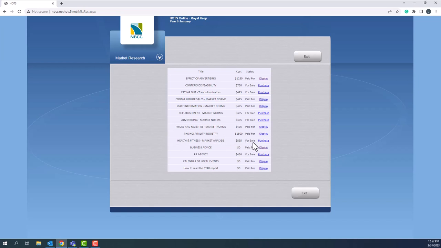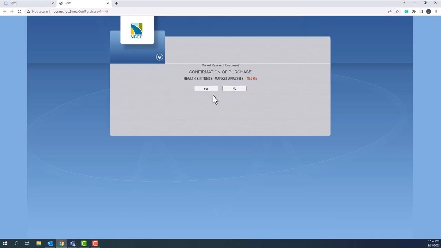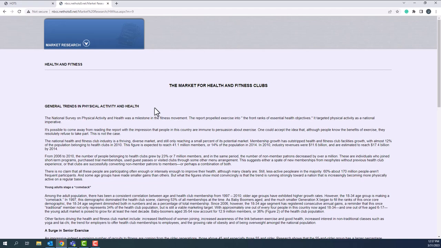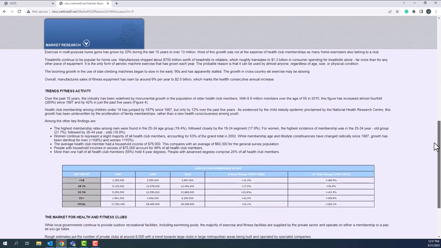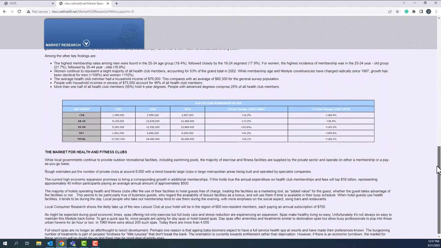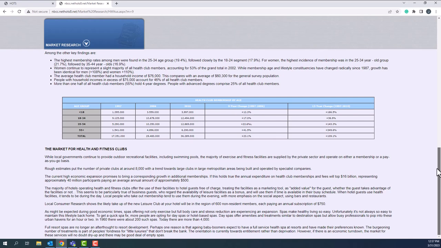This team did not ever purchase it, but if I purchase it now, it opens up for me, and I'm able to get lots of information about the market for health and fitness clubs. And down here at the bottom, there's some statistics about health club membership.